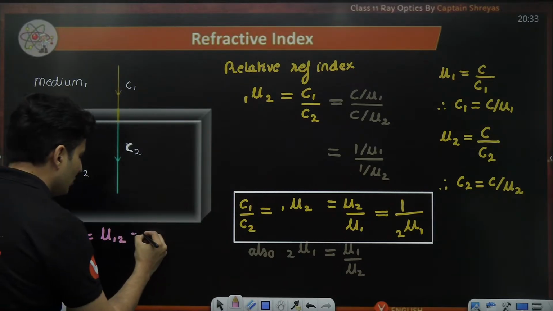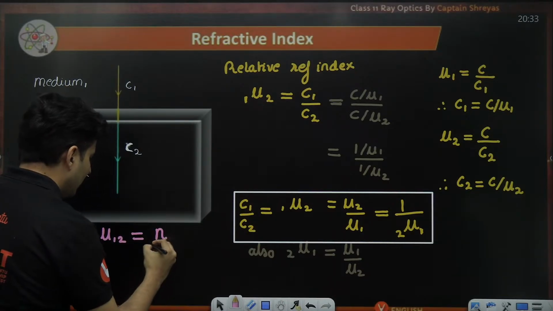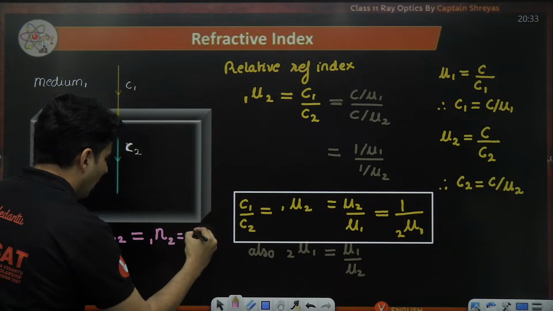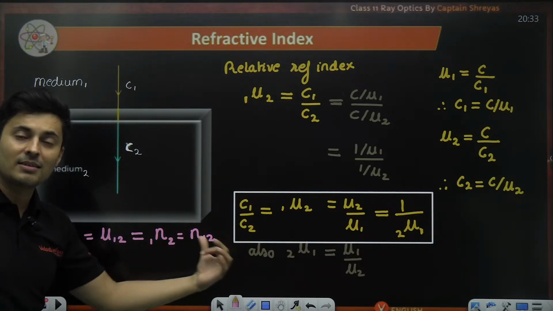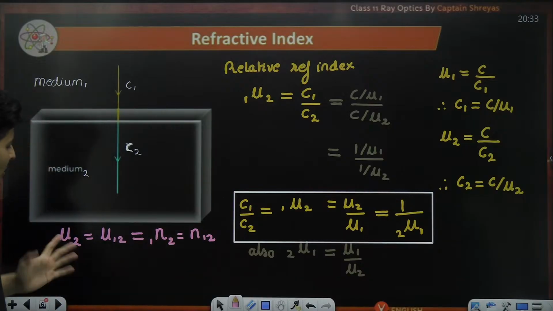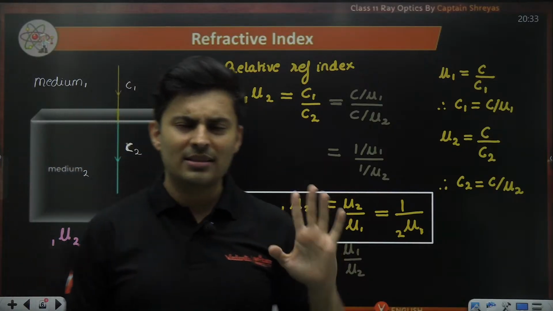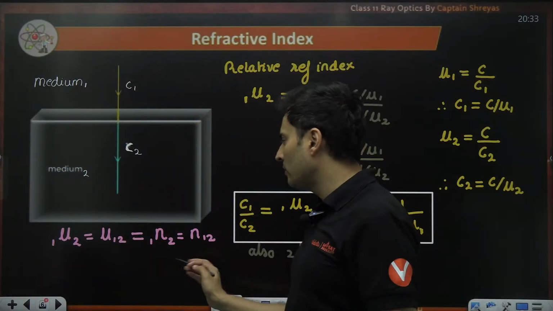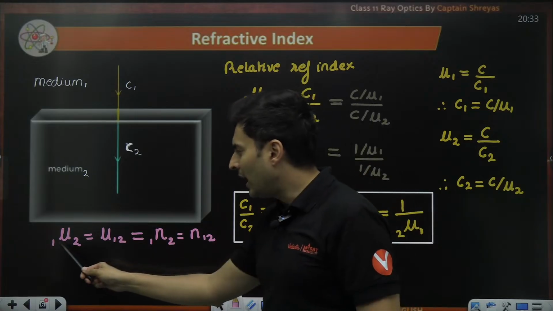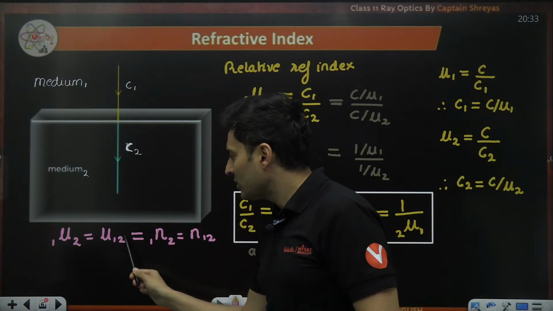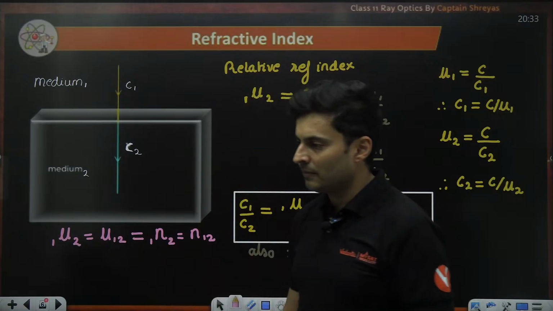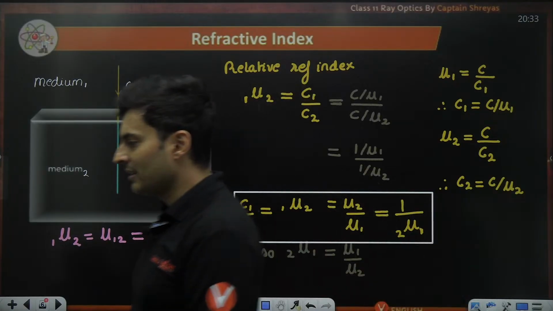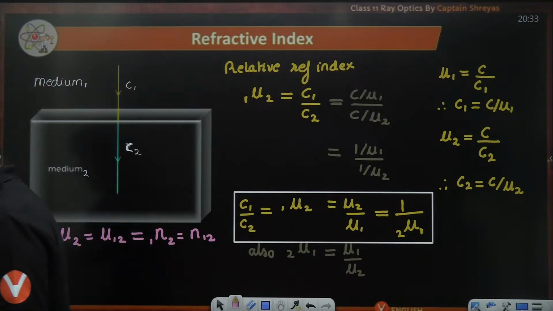Some books also use the symbol N with 1 and 2 as subscripts. Especially NCERT uses the symbol N instead of mu. It's your choice what symbol and notation you want to use. Ideally use it separately, because it might look a little confusing when you put it on the same side.